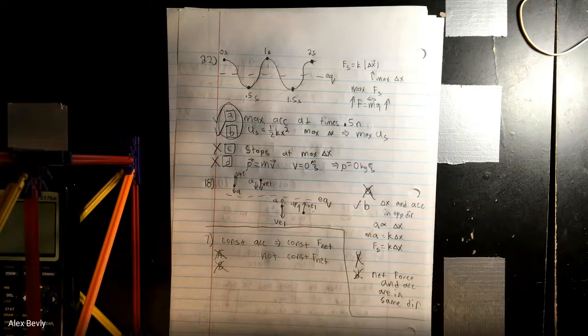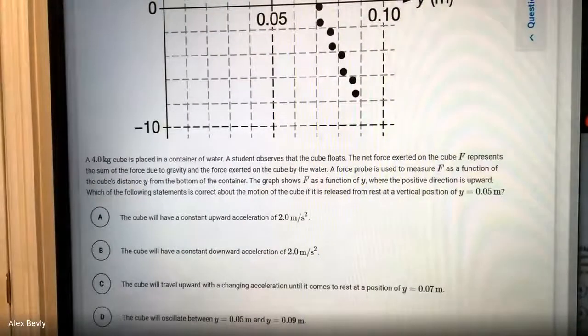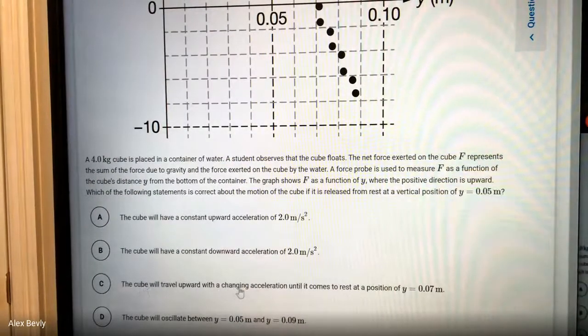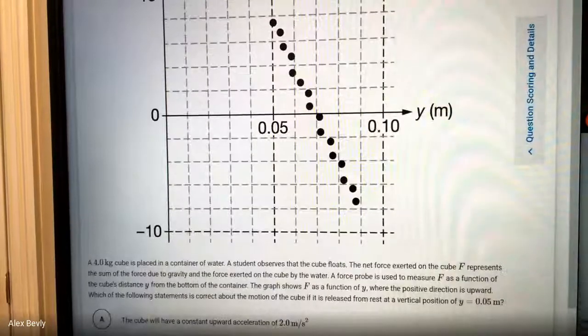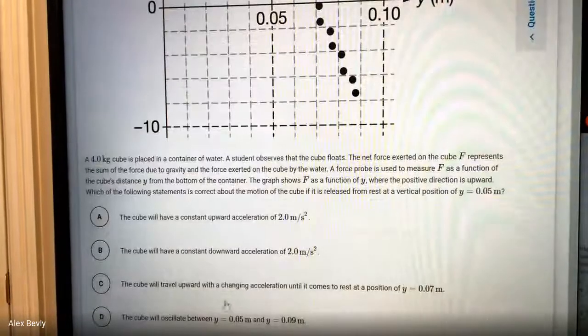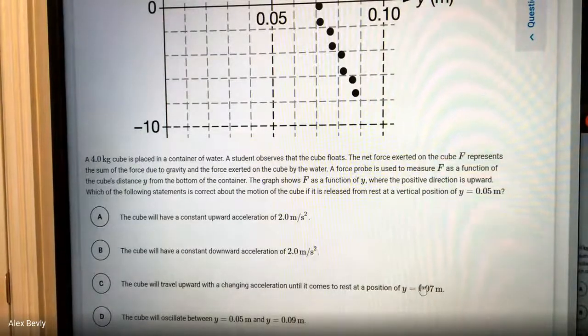All right. Now, let's look at what C is talking about. C is saying the cube will travel upward with a changing acceleration. That sounds good. We definitely have a changing acceleration if we have a changing force, until it comes to rest at a position of 0.07 meters.